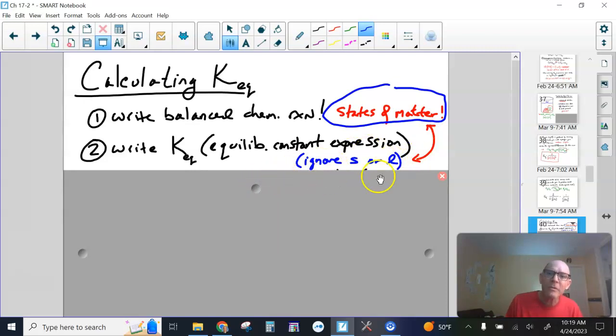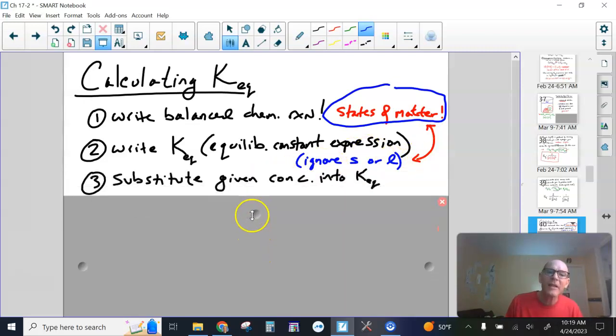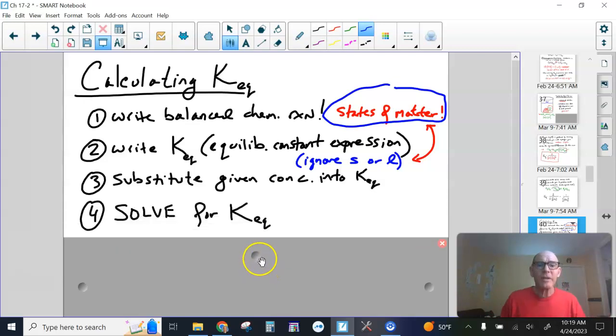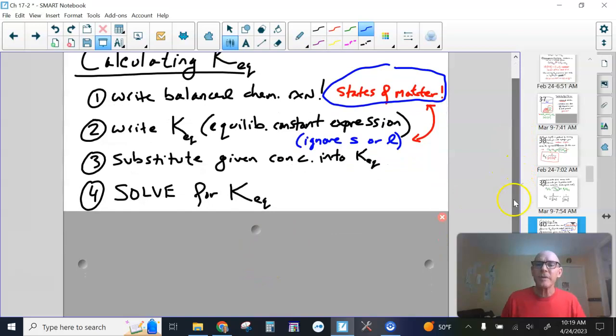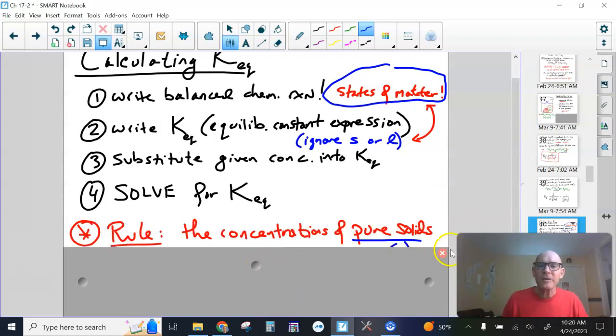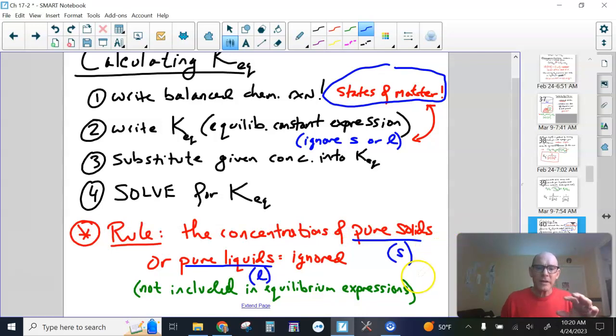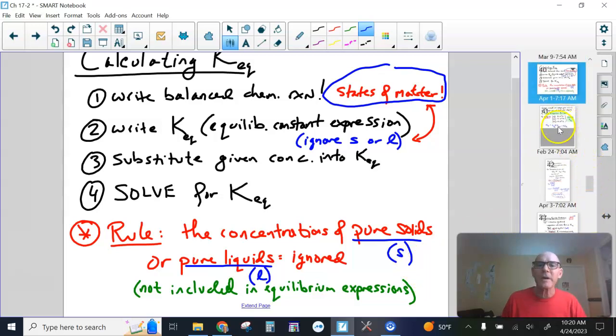But now we're ignoring solids or liquids, and then simply substitute the given concentrations into the equilibrium constant you just wrote, and plug and chug. Solve for the value of the equilibrium constant. We'll do an example of this in just a second. But just remember that rule. The concentration of pure solids or liquid phases are completely ignored and not included in the equilibrium constant expression.